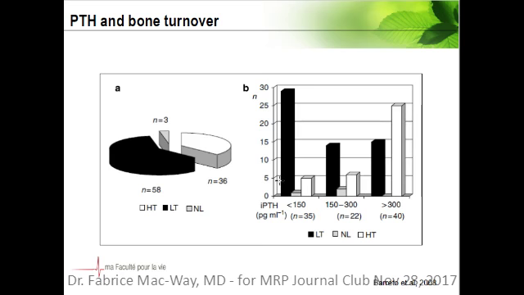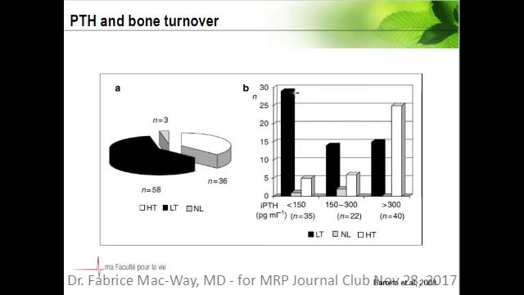So this is high turnover bone disease, low turnover bone disease, and a normal level of bone turnover. As you can see here, if you have a low PTH below 150, the majority of the patients have low turnover bone disease, the equivalent of adynamic bone disease.